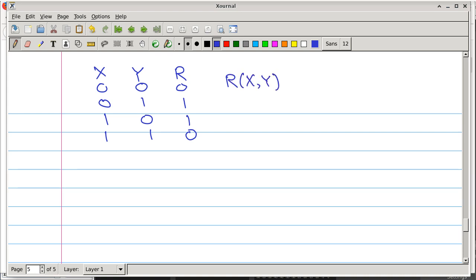Rxy, which is the result of adding x and y, x and y both being a single binary digit, using C syntax is just going to be x and not y, or not x and y.